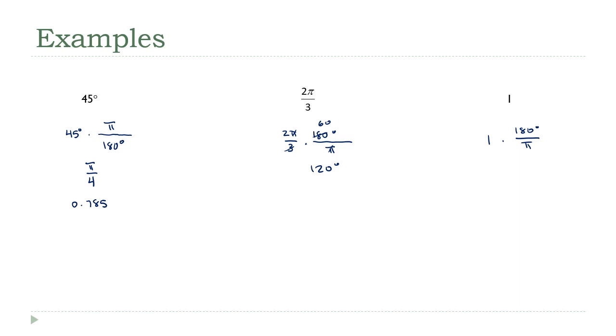So this is just 180 over pi. And if you, again, put 3.1415, whatever, in there for pi, and divide that into 180, you get 57.296 degrees. All right, so 1 radian is a little bit more than 57 degrees.